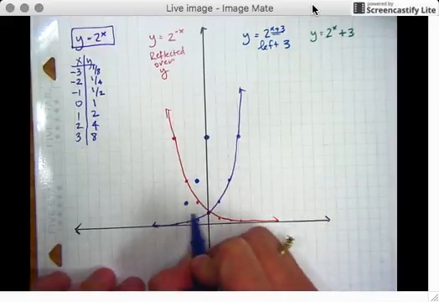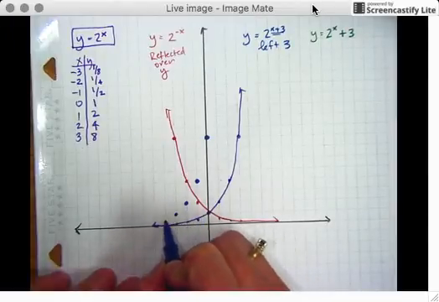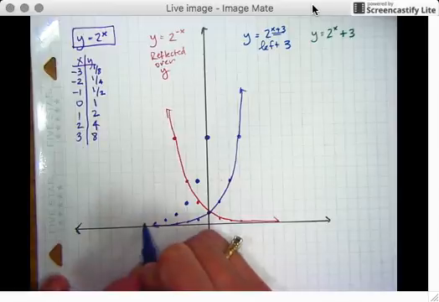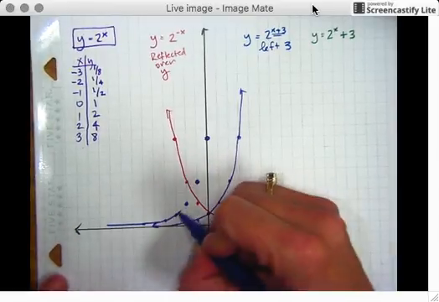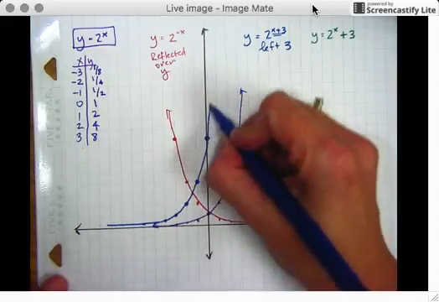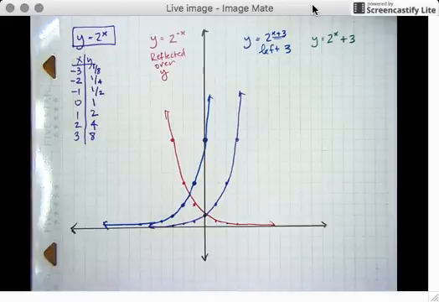Again, I'm just taking every single one and moving them left 3. 1, 2, 3. Feel free to graph yours on the same graph. It's easier to count when you see the original one.